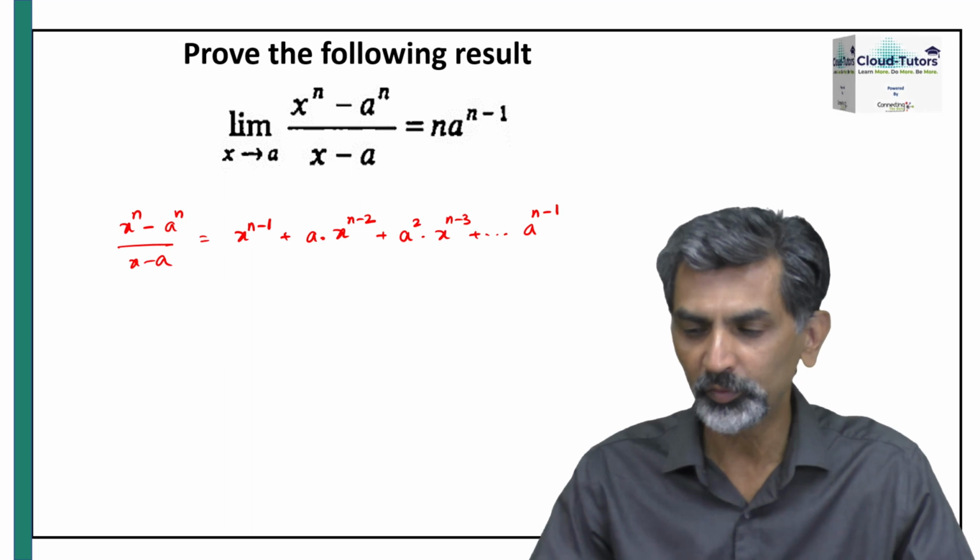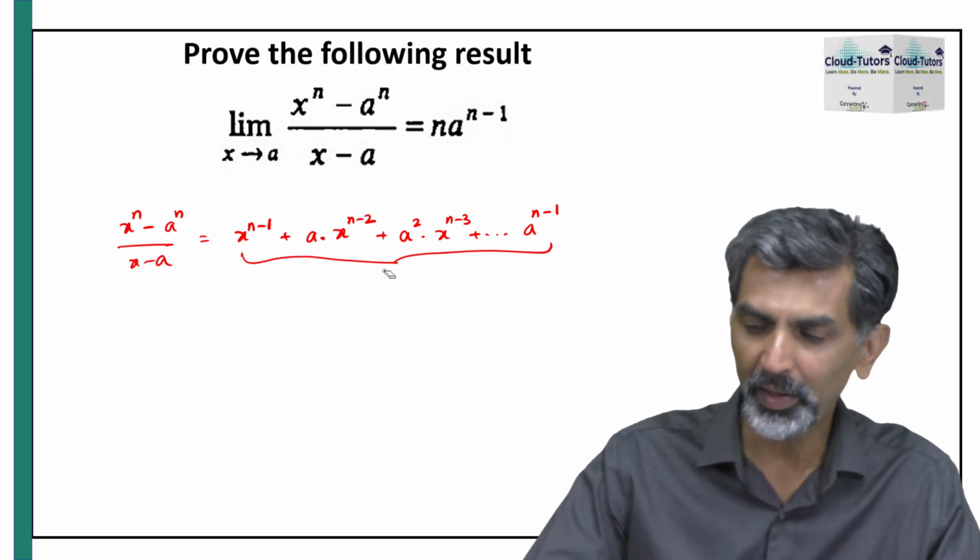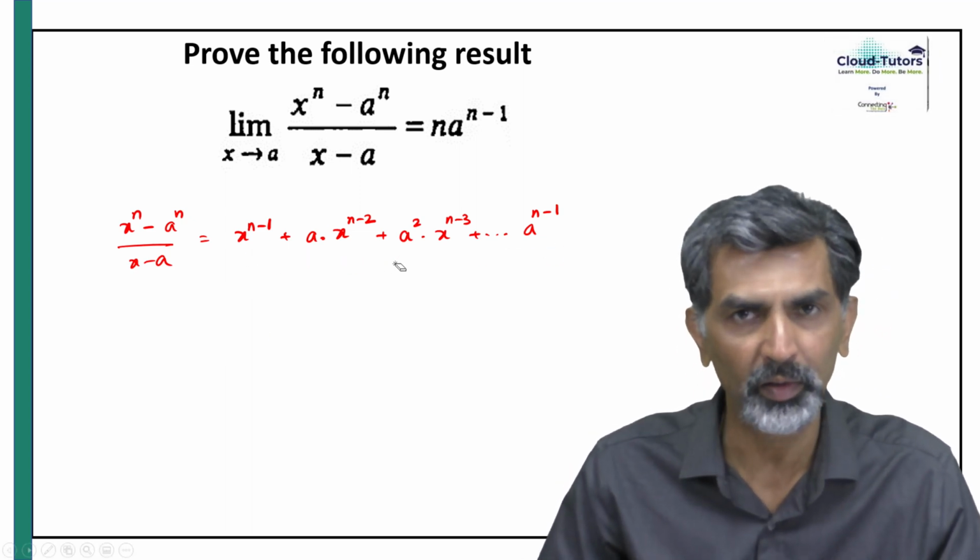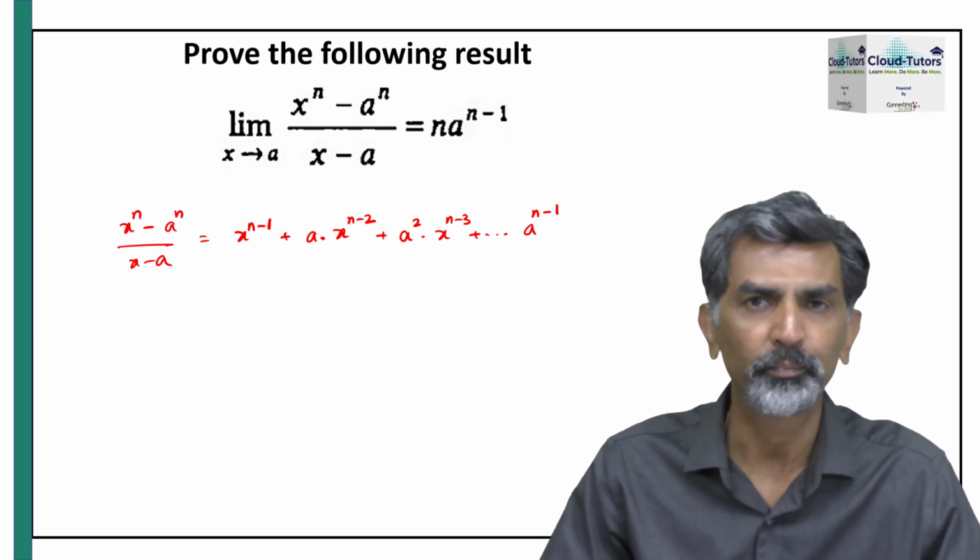So these are the terms that you will get when you divide x to the power of n minus a to the power of n by x minus a.